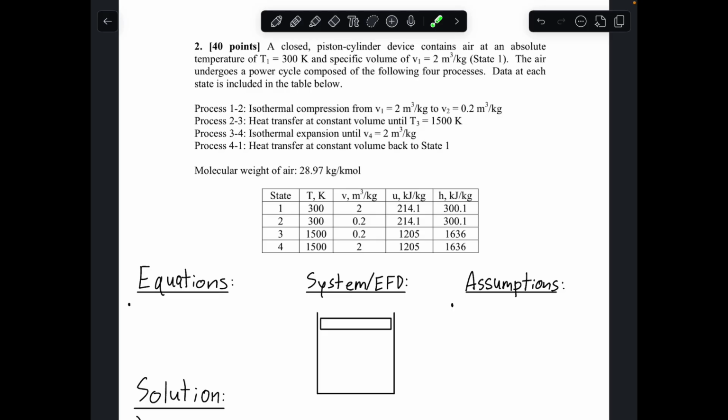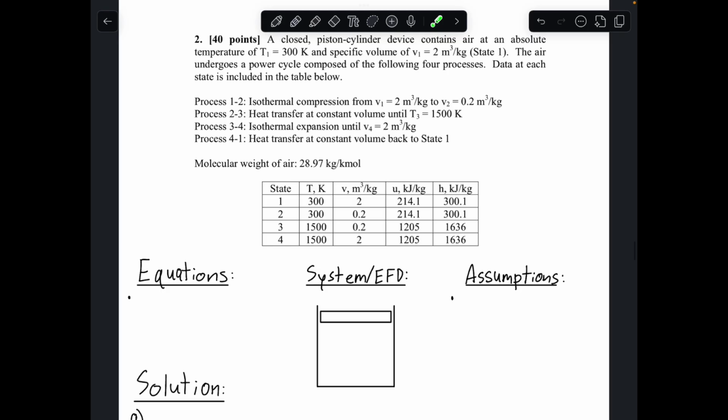So let's look at this list of processes here to make sure we really understand what's going on. I've sketched out just a piston cylinder device here so we can think about what's happening at each of these different processes. From 1 to 2, we have isothermal compression from a higher specific volume to a lower specific volume.